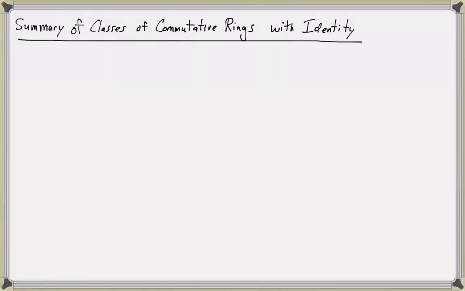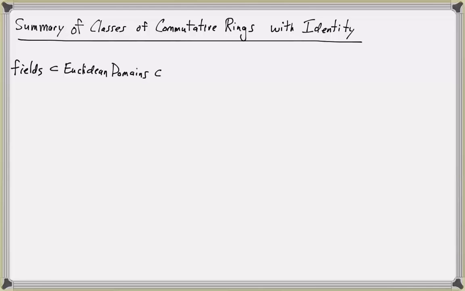So we have the following chain of containments here for these classes. Fields are properly contained in Euclidean domains. That is, all fields are Euclidean domains, but the converse is not true. And we've proved that every Euclidean domain is also a principal ideal domain.